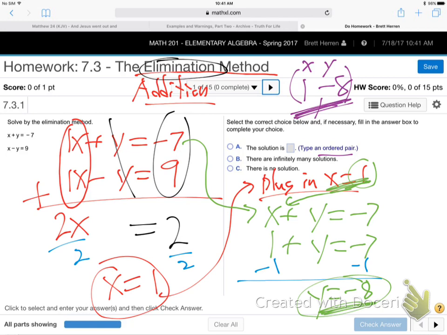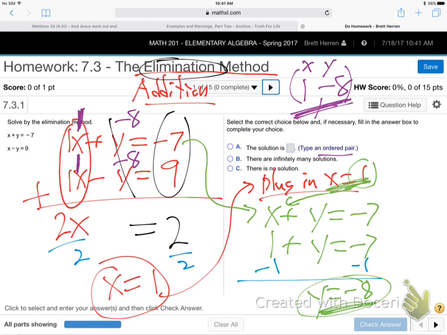Now what are those two numbers? Those are the numbers that make the thing true, aren't they? If I put in 1 for x and negative 8 for y in both places, it'll make both equations true. Everybody see that? 1 plus negative 8, that's negative 7.